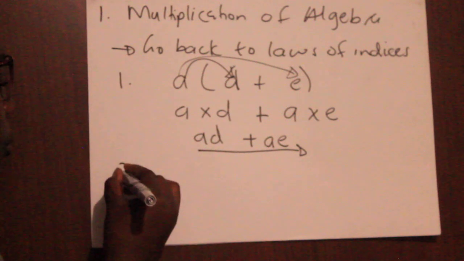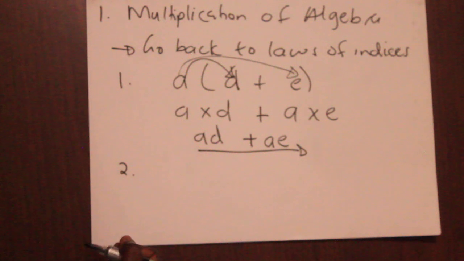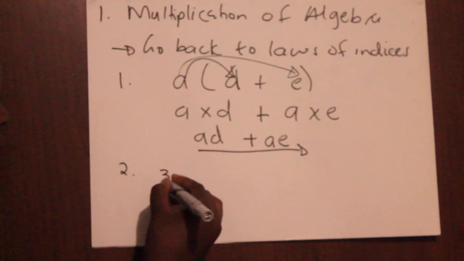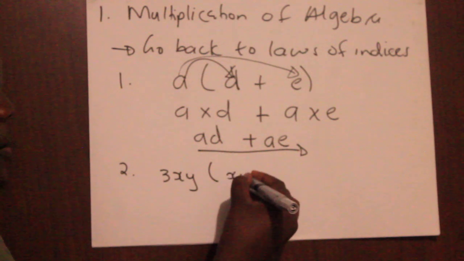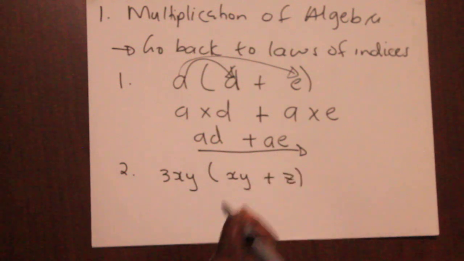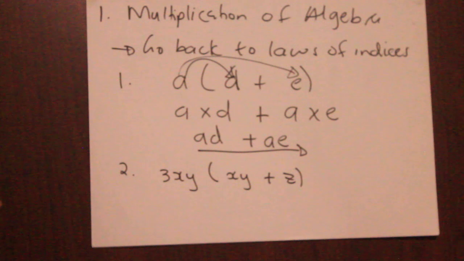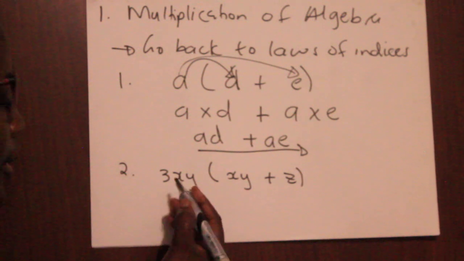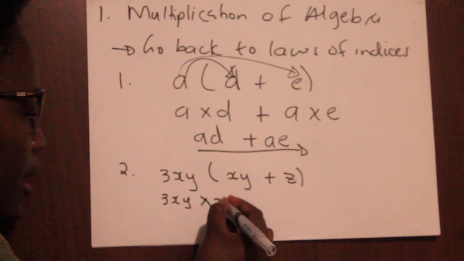Say you have 3xy multiplied by (xy plus z). So you see why I want you guys to go back to the laws of indices now. You have 3xy times xy.